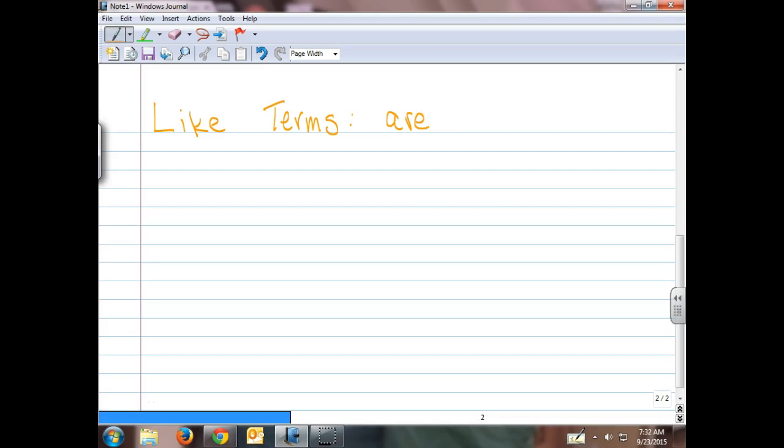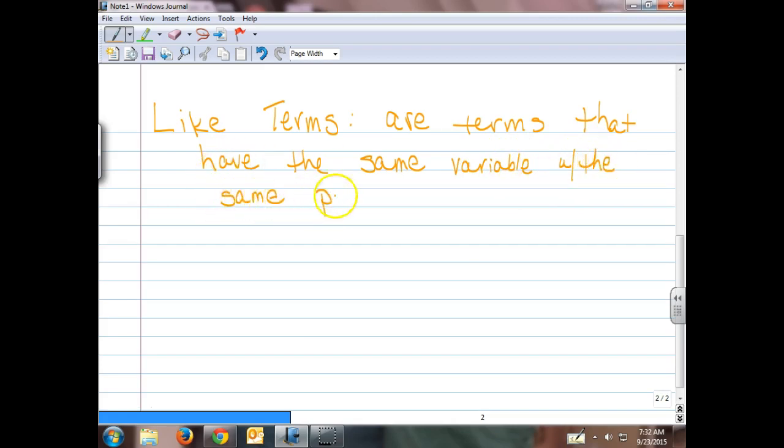Like terms are terms that contain the same variable to the same power. It is only legal to add and subtract when you have like terms.